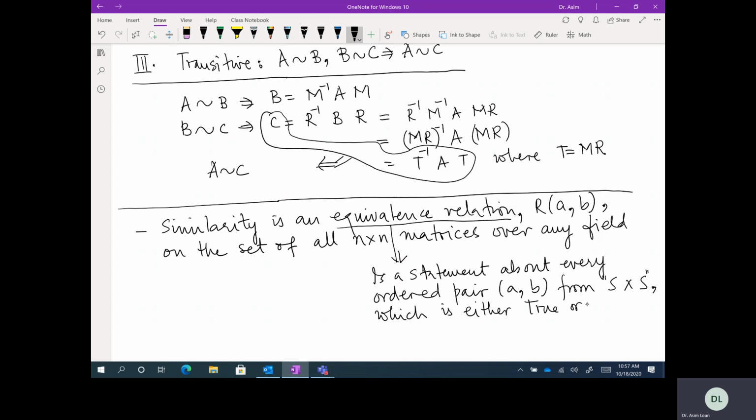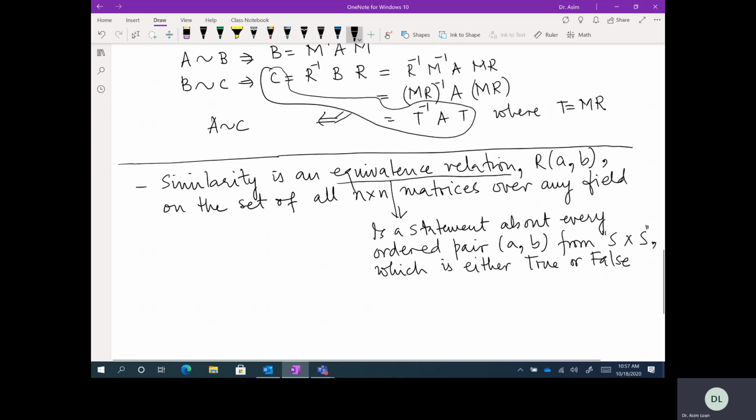So it's a binary relation on a set. So an equivalence relation is actually a binary relation on a set.